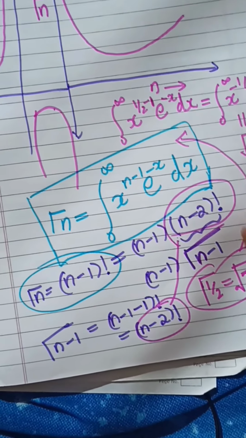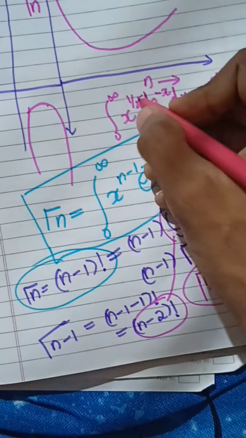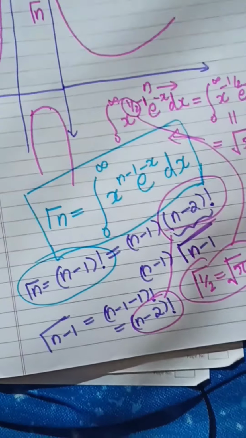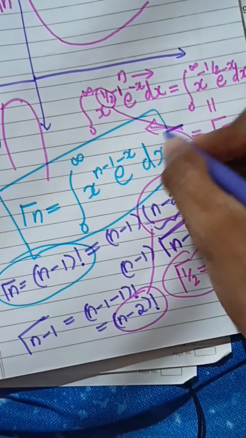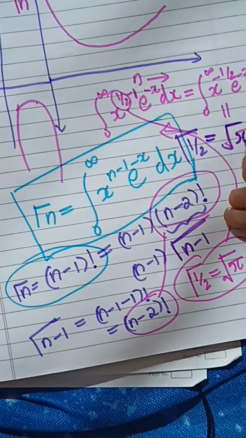And this root pi is equal to Γ(1/2). So Γ(1/2) is equal to root pi.